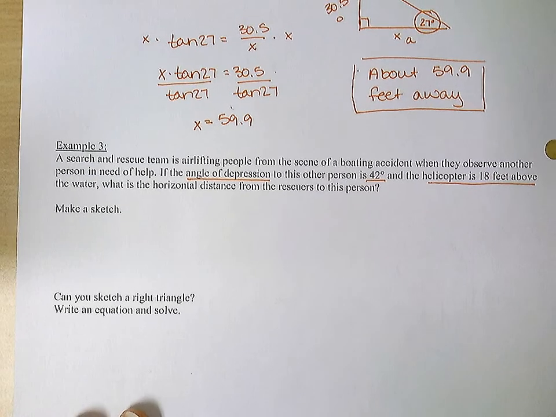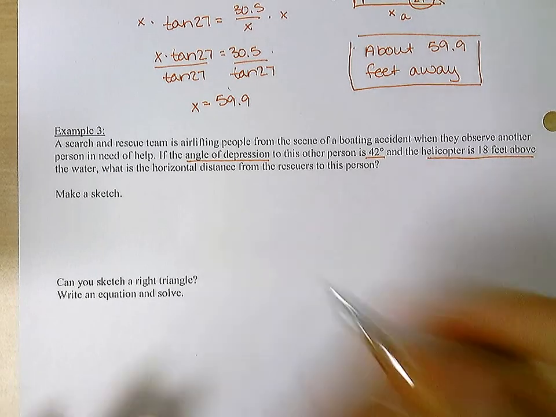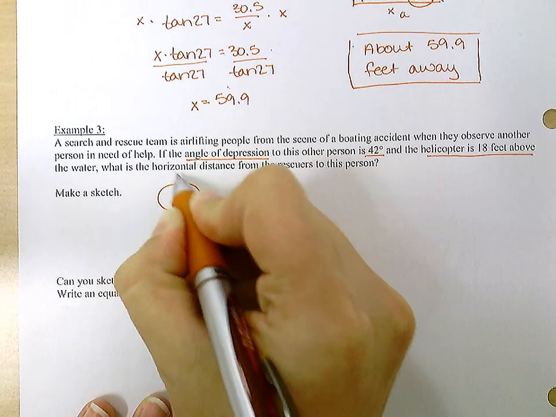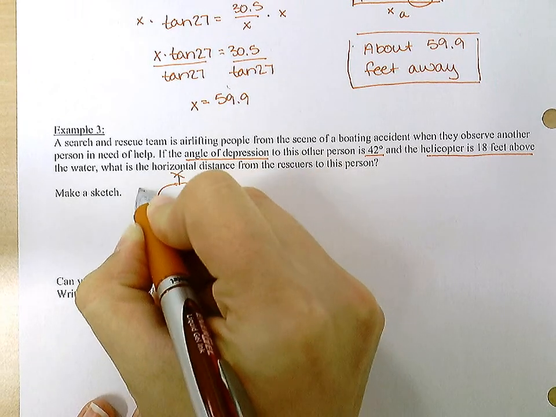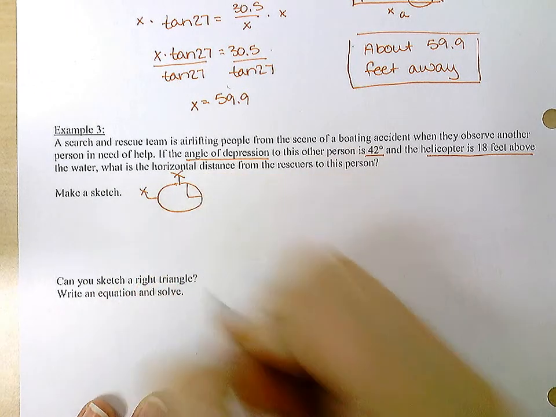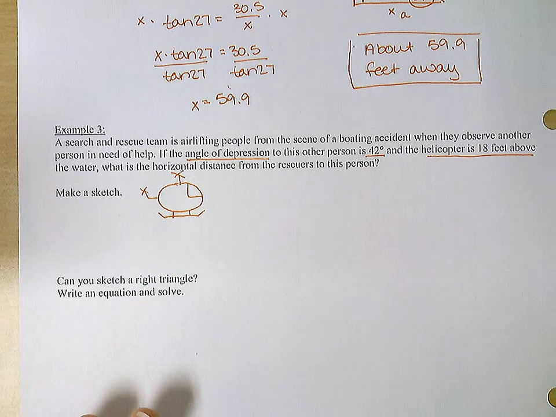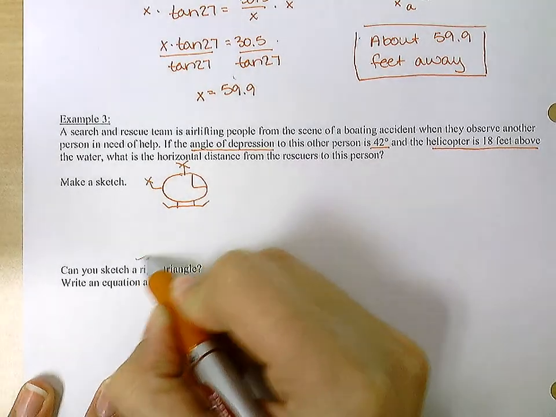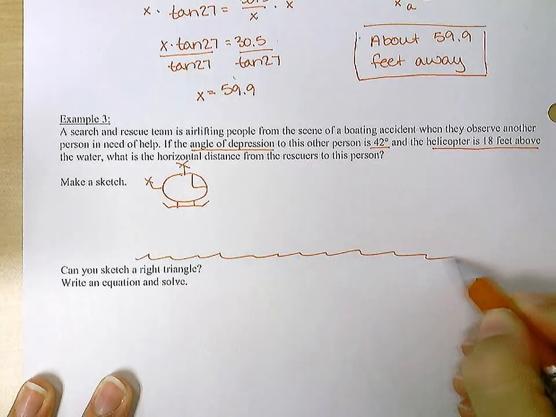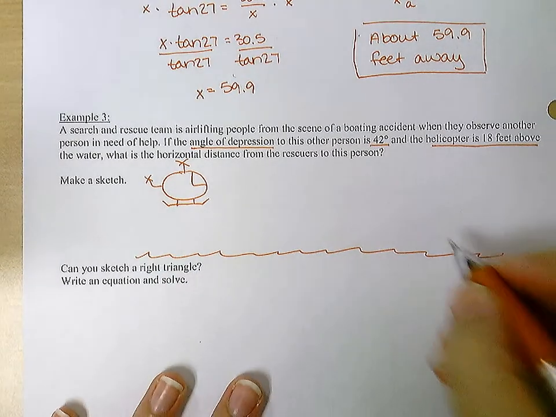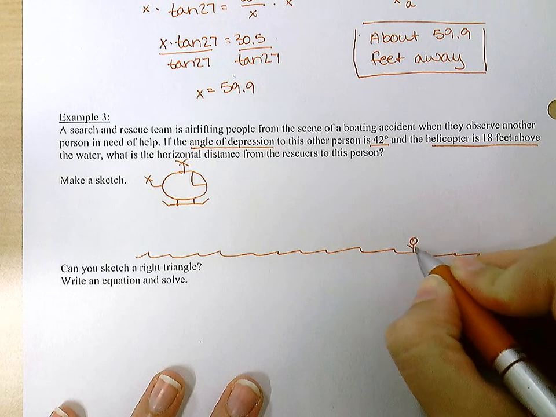Okay, so drawing a sketch here, we have a helicopter. There's my helicopter. It's above the water. So I have some water here, helicopter, and I know there's a person still in the water.